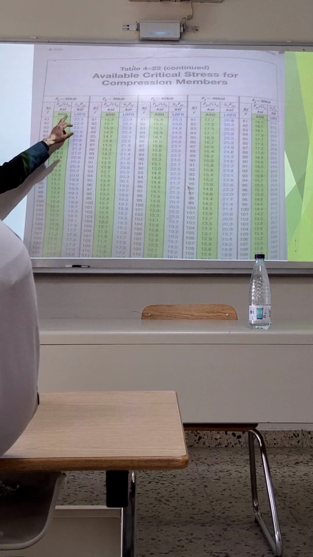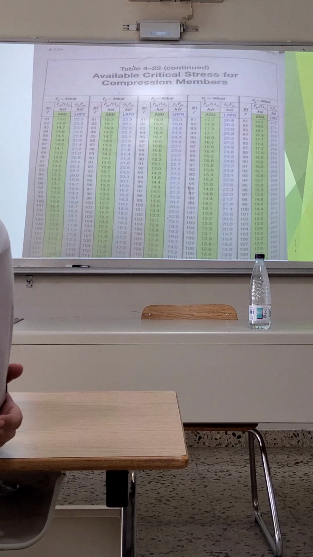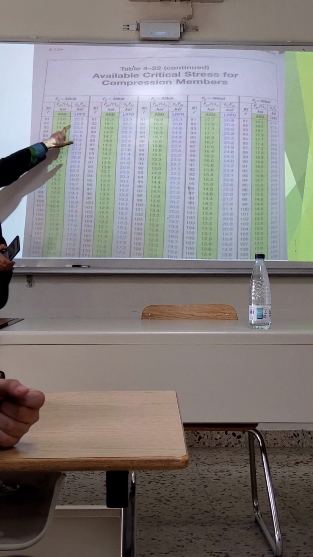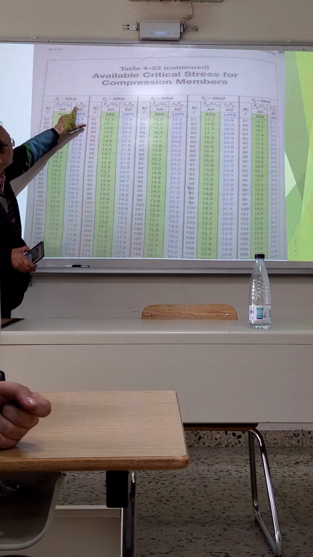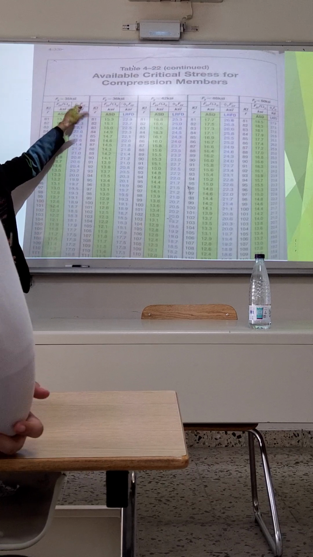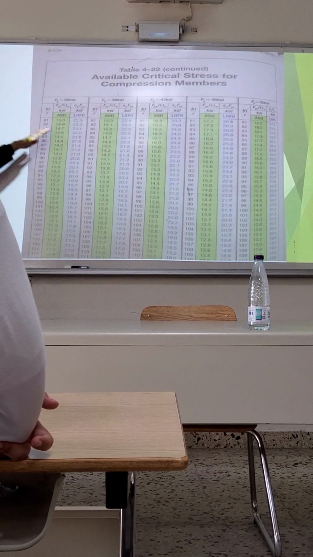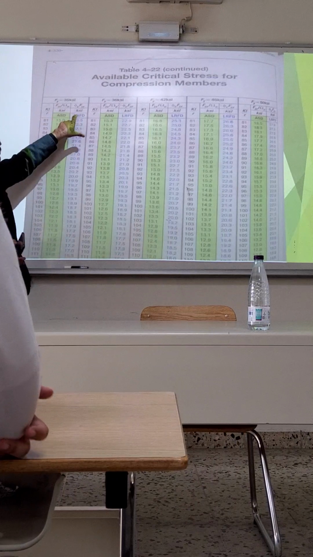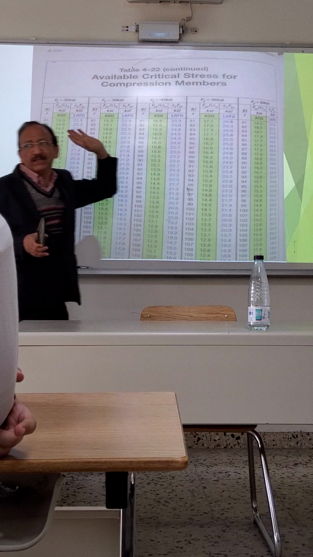Different approaches are there, but this is not being used. So here, this blue color LRFD column you will be using to find the value of phi CFCR, because we need this value for our calculation, either by using that formula which you have seen or from this table.